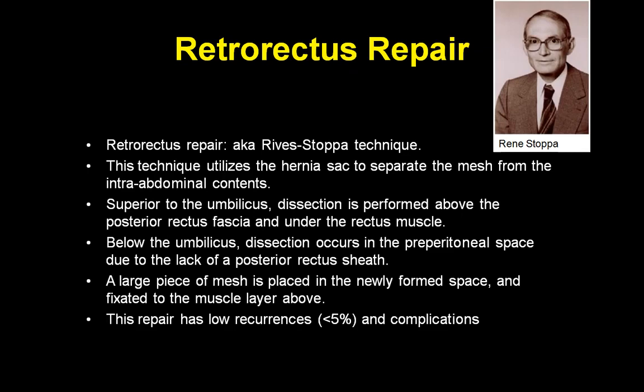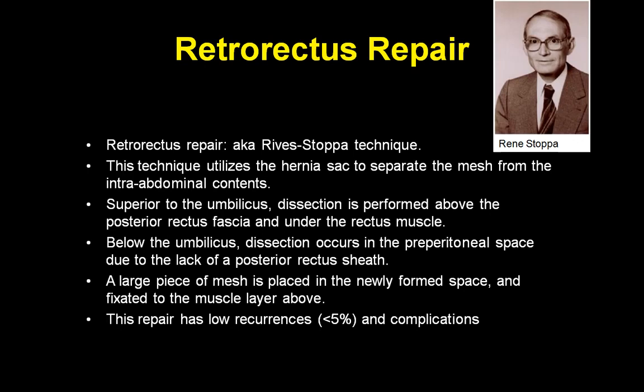Now, this is one of the repairs that most of the surgeons practice. The posterior rectus sheath, as you all know, is deficient in the lower part of the abdomen. In the upper part, above the umbilicus, you have an anterior rectus sheath and posterior rectus sheath. Now, Stoppa's technique is nothing but a retrorectus repair.